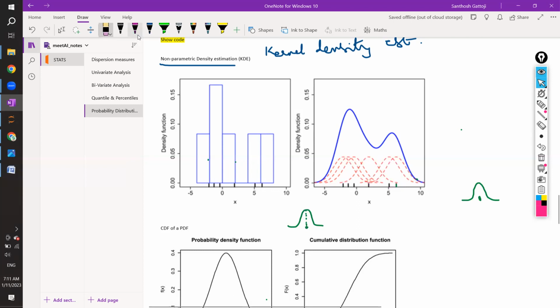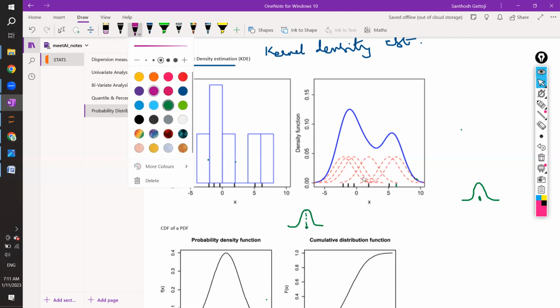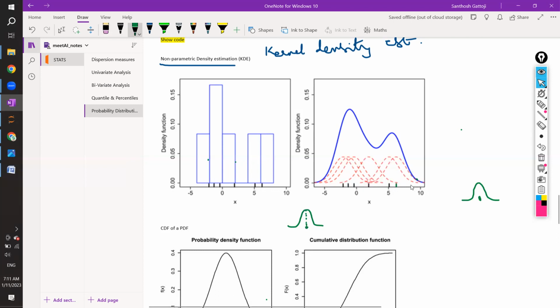So for each point we are going to draw a distribution. After that it's simple. If you take this point, wherever it is intersecting, for example, if you want to calculate over this point, you go here, this is one point from the first curve, and if you go again over here, this is one more point for the second curve.